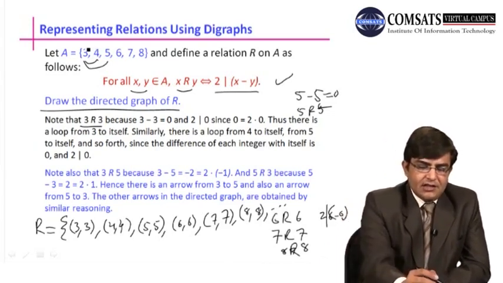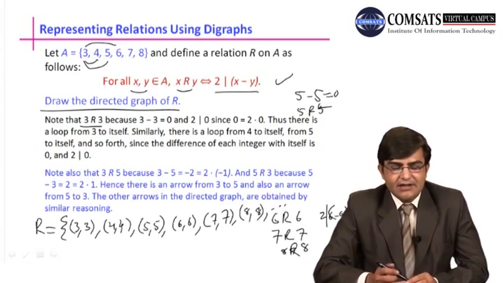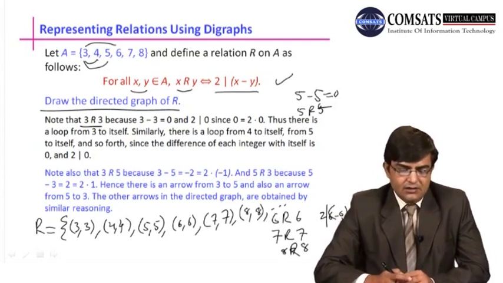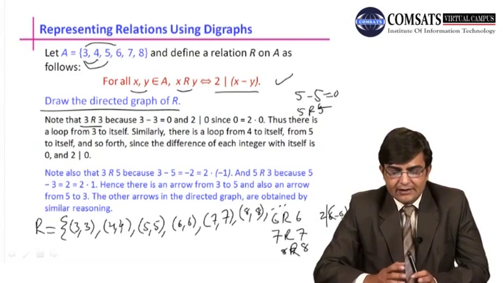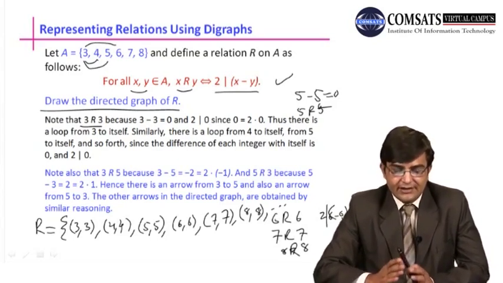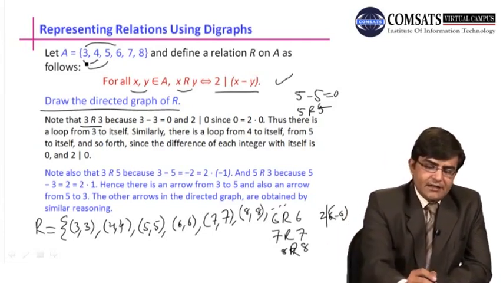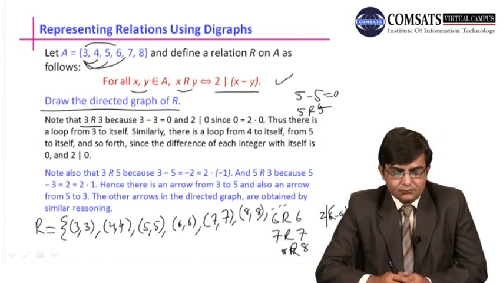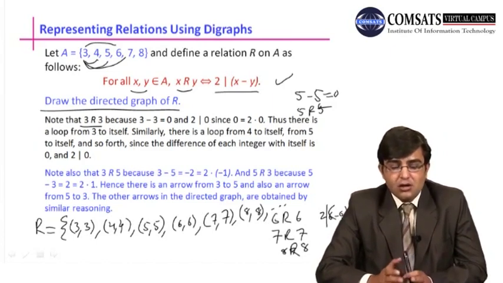Similarly, now we check 3 and 6. 3 minus 6 or 6 minus 3 is basically minus 3 or 3, which is not a multiple of 2, therefore 2 doesn't divide 3 minus 6 and 3 and 6 are not related. Similarly, 6 and 3 are not related. Now 3 and 7: 3 minus 7 or 7 minus 3 is minus 4 or 4, and 4 is a multiple of 2.